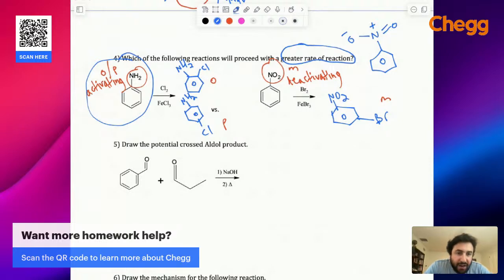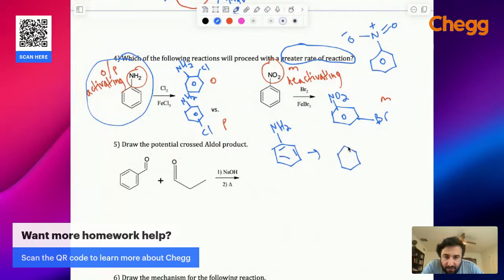Okay, great. So Jack Brown says, in brief, what makes activators ortho-para directing? So let's say we have NH2, and we're going to react with some electrophile.